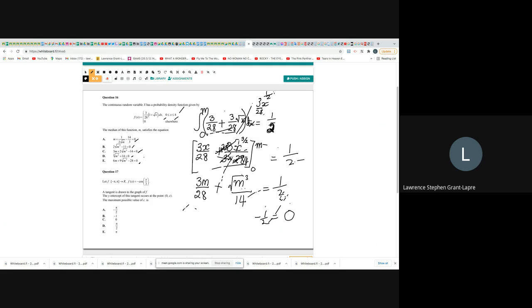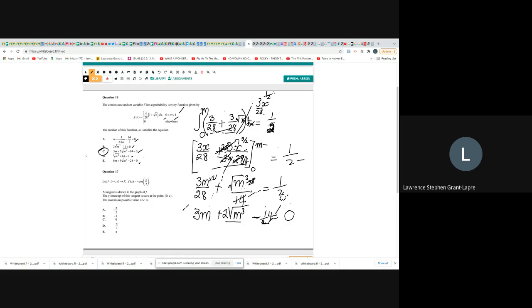If I times everything by 28, the 3m over 28 becomes 3m, the term becomes 2 square root of m cubed because the 14 cancels with the 28, and times the half by 28, you end up with minus 14. And that is the answer: 3m plus 2 square root of m cubed minus 14 equals 0.